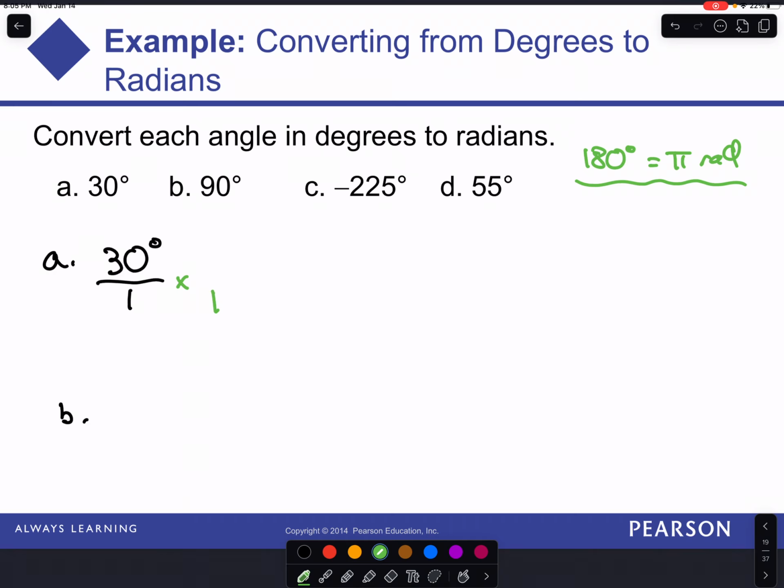So 180 degrees corresponds to pi radians. The units of degrees are going to cancel. Now we can cancel those trailing zeros. 3 into 18 is 6. So it looks like it's going to be pi over 6 radians.